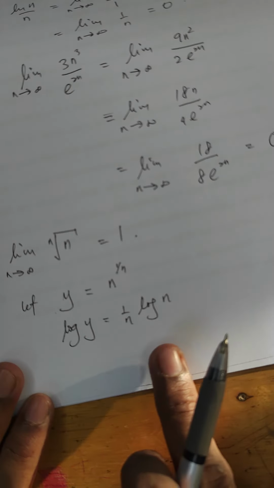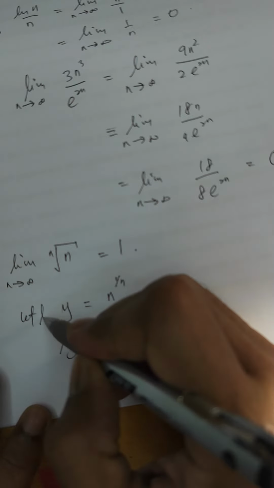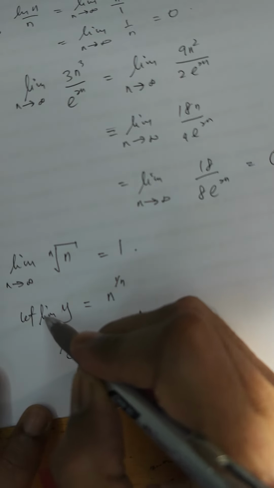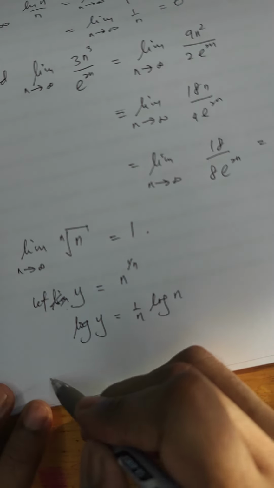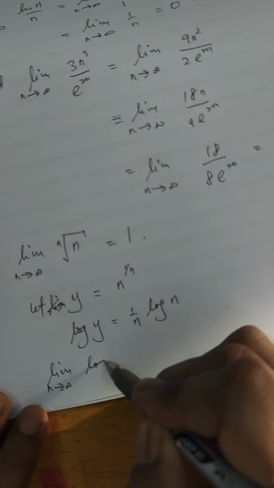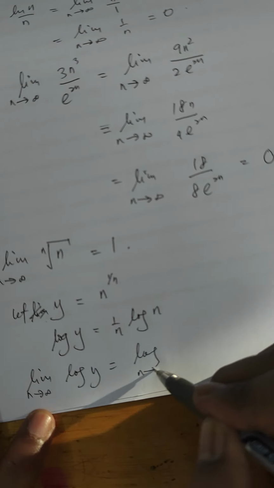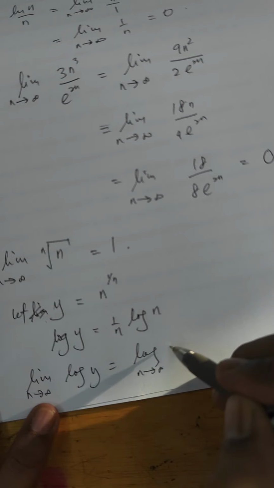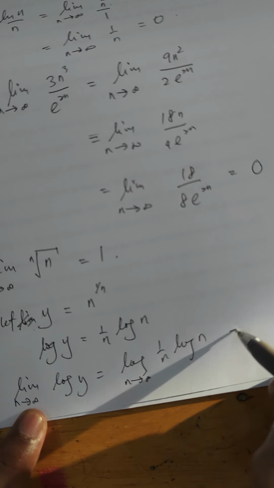If you take a limit for this, we need a limit there. Then we take a limit of those, n goes to infinity, of log y, which means we take the limit as n goes to infinity of 1 over n log n, and then you can proceed with the rest of it.